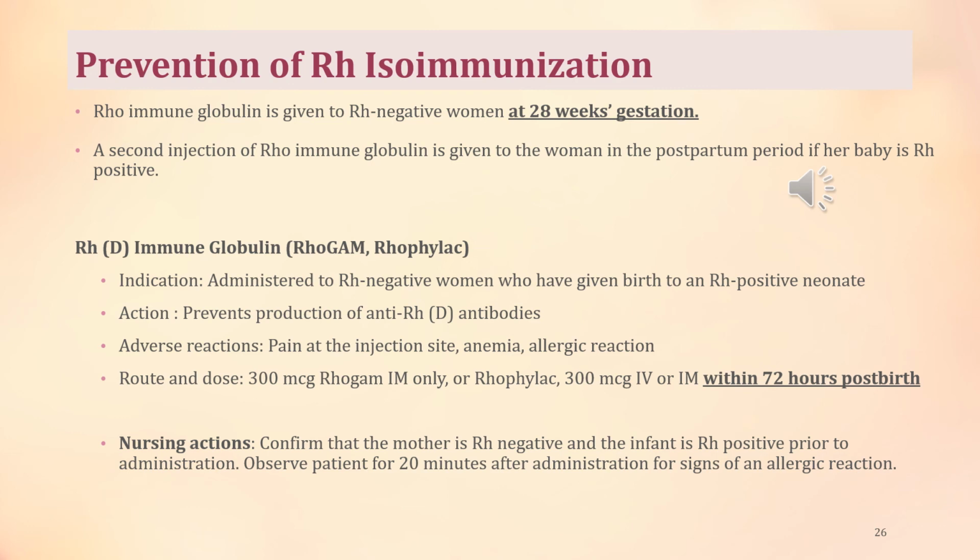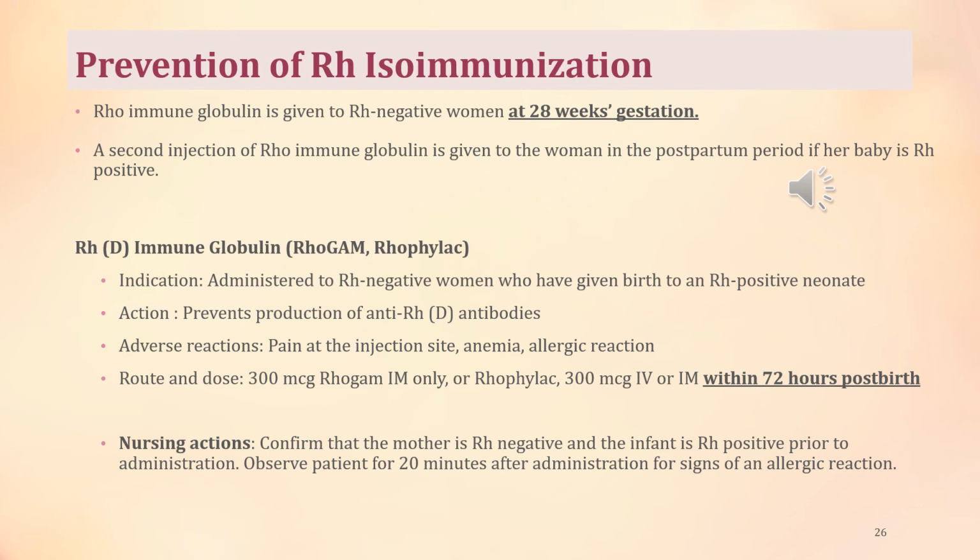But anytime there's a possibility that baby's blood could have mixed with mom's blood, so if there was a car accident and there's a chance that when the seatbelt went across that uterus, some bleeding may have occurred from that placenta, then I need to go ahead and get a RhoGAM shot, all right?